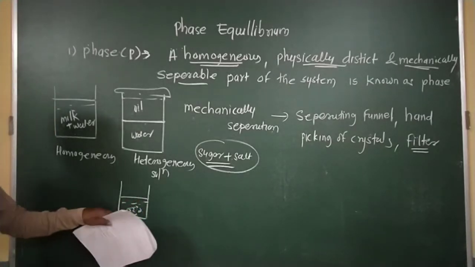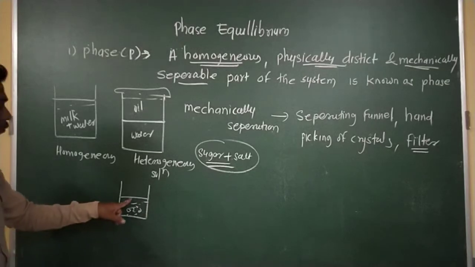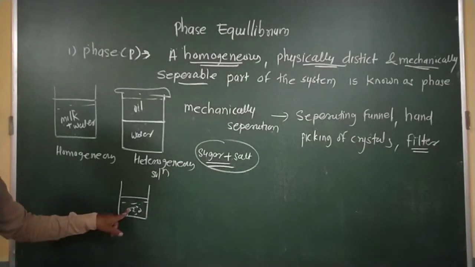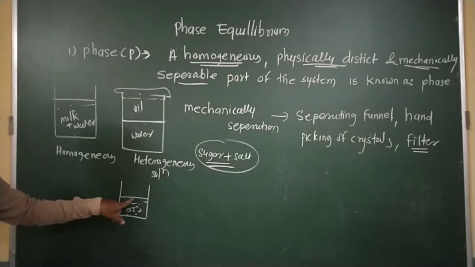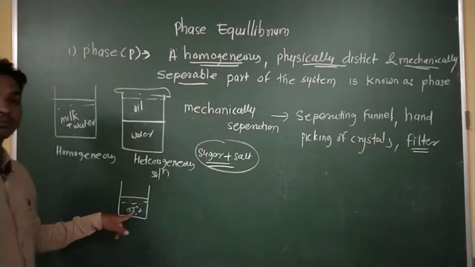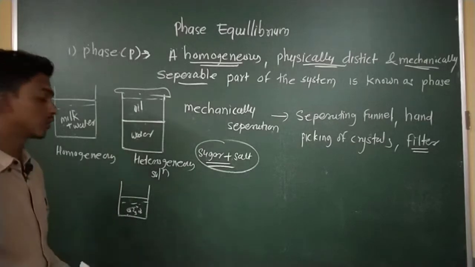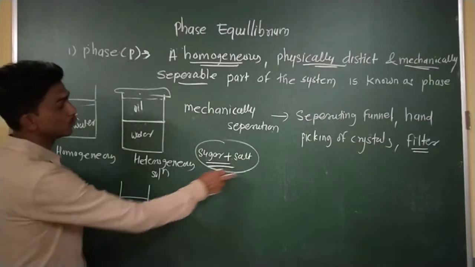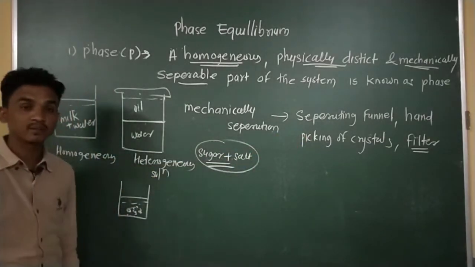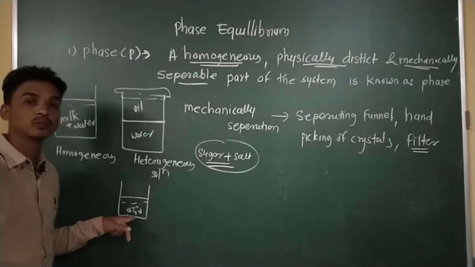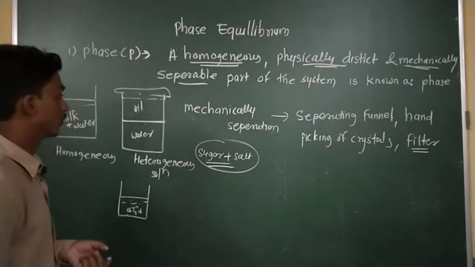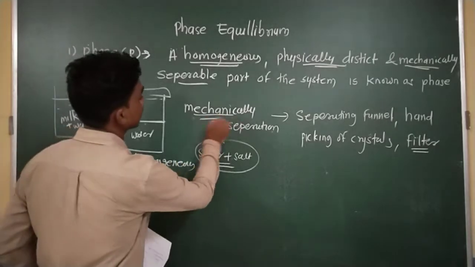So this is also a heterogeneous system. First one phase is liquid and another phase is solid. So I want to separate this solid from the liquid system, so I will use the simple filtration assembly to separate the solid molecules and the liquid molecules. These are the mechanically separable parts.